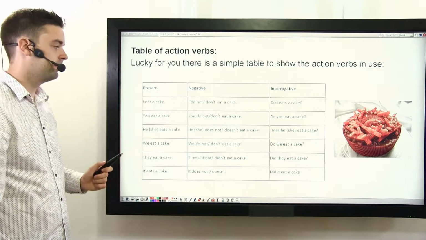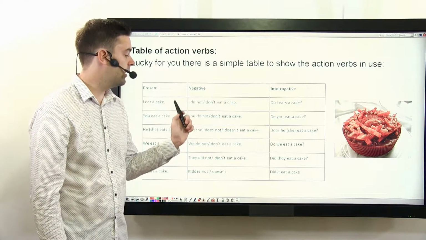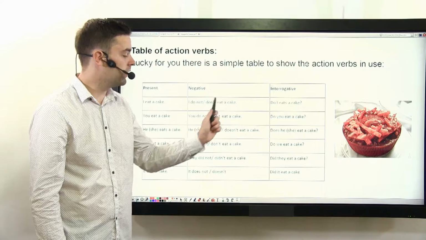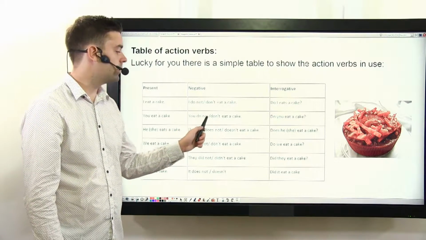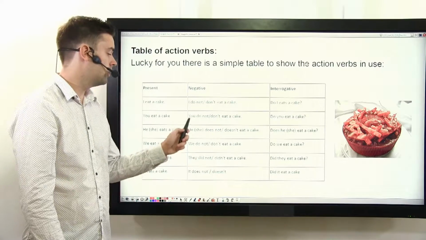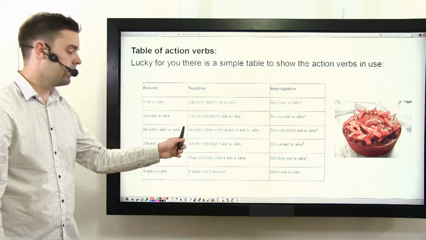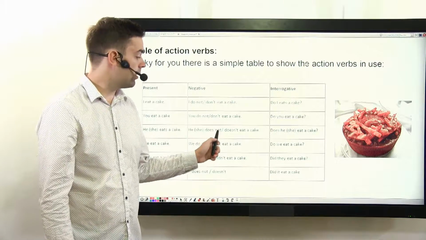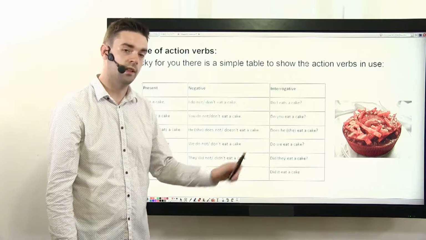Negative. I do not eat a cake. I don't eat a cake. You do not eat a cake. You don't eat a cake. He does not eat a cake. She doesn't eat a cake.